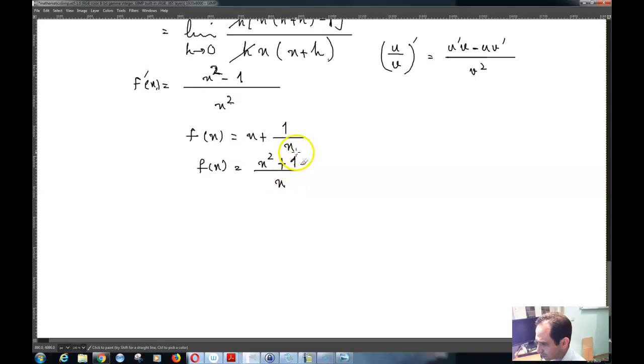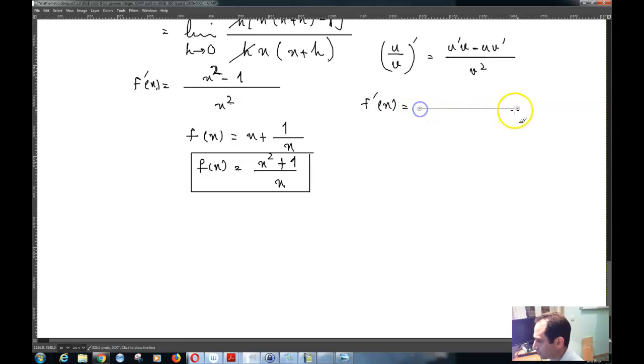So then if you have this function over here, which is basically the function that we started with, then f prime of x would be equal to u prime, which is the derivative of this, which is 2x, times this function x minus this function x squared plus 1 times the derivative of this, which is equal to 1, over this function whole squared.